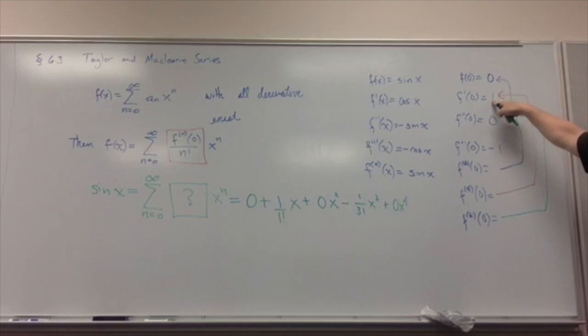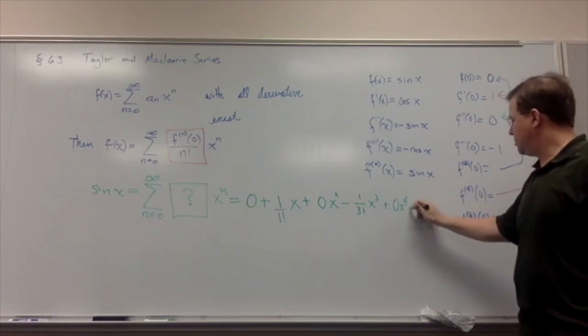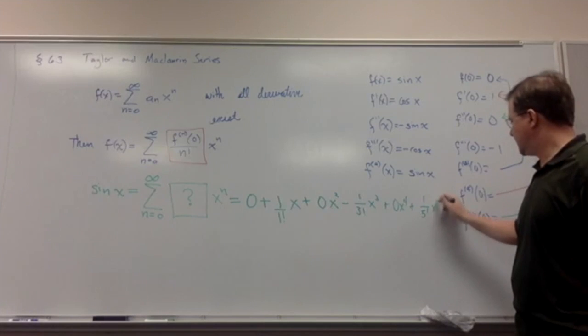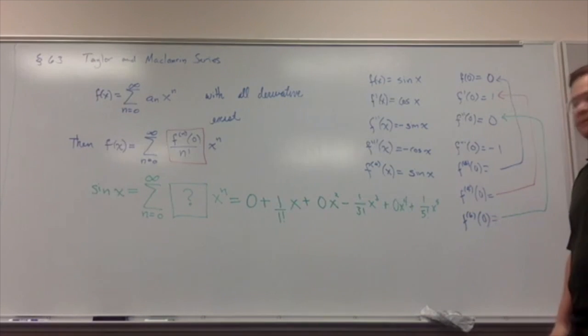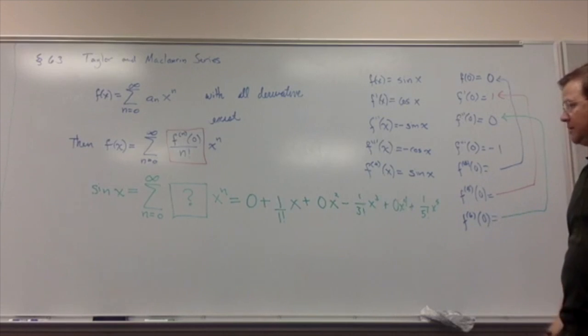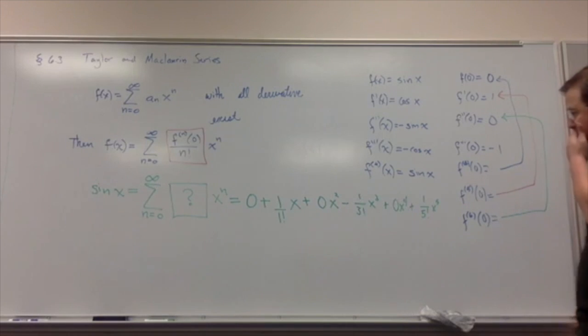Yeah, it's positive, so plus 1 over 5 factorial x to the 5th. The next one's going to have a 0, and the next one after that's going to be a minus 1 over 7 factorial.